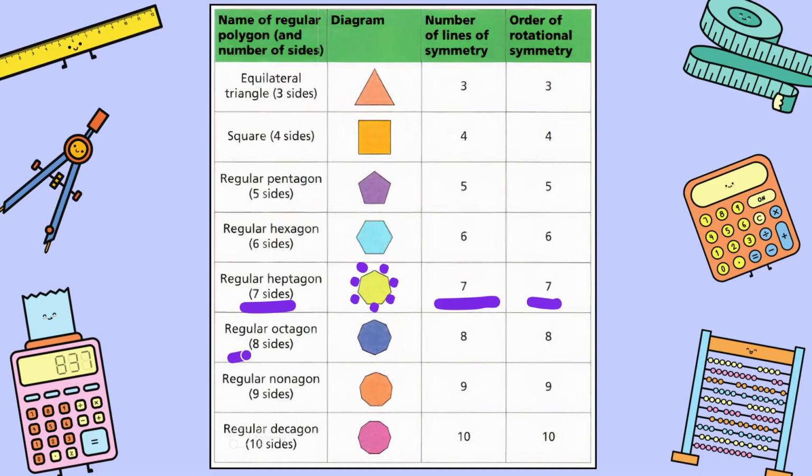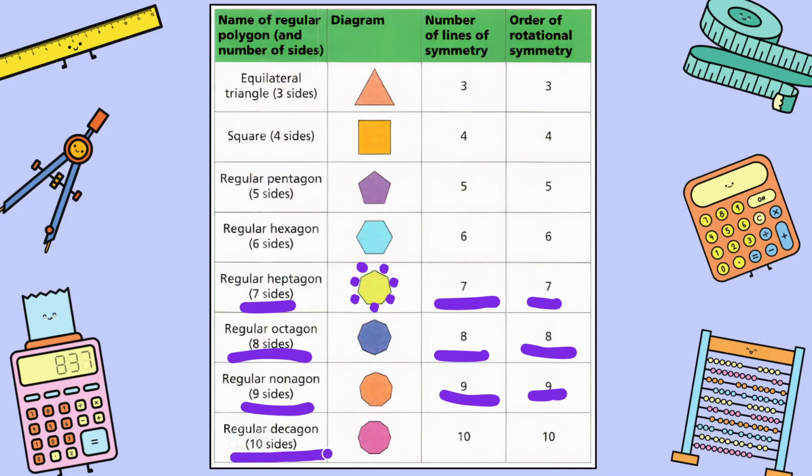Then let's move on to an octagon. An octagon is a shape that has 8 sides. Its number of lines of symmetry is 8. Rotational symmetry is 8. Then a nonagon is a shape with 9 sides. Rotational symmetry is 9. Order of rotation also 9.